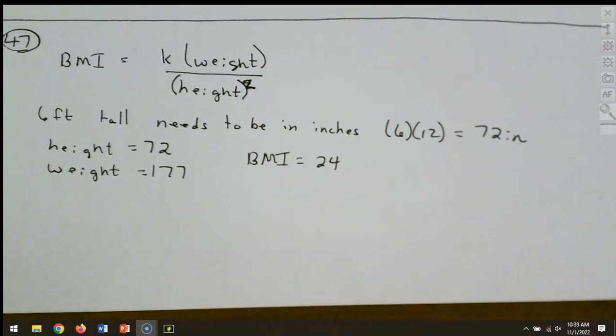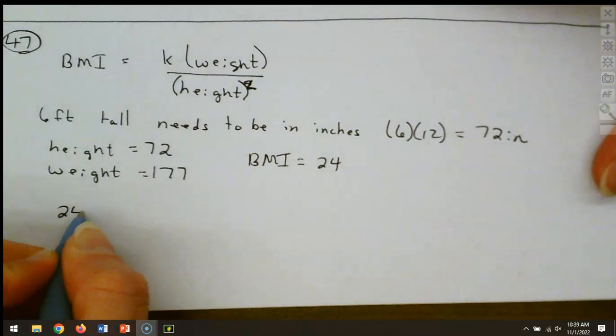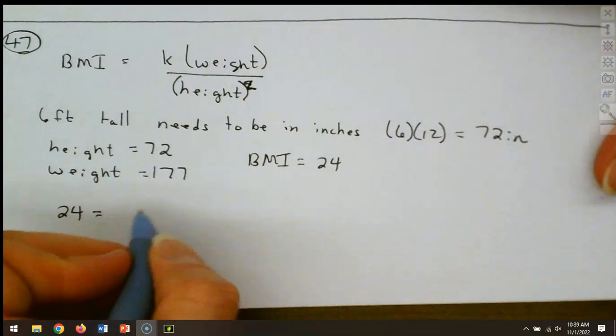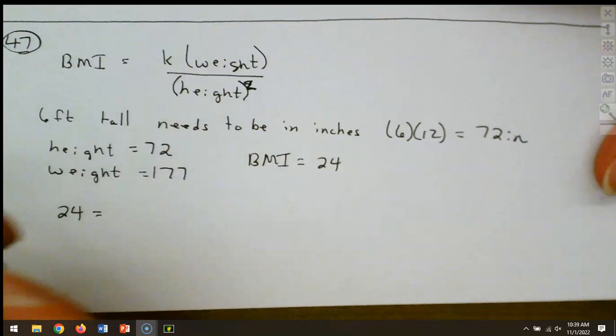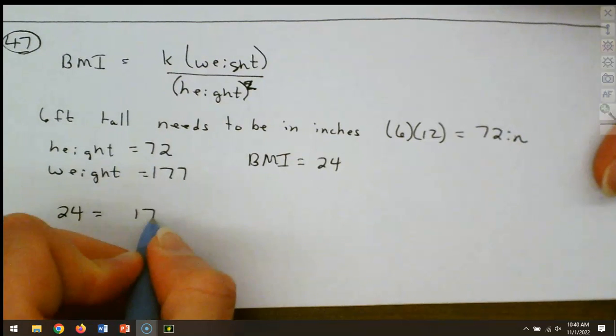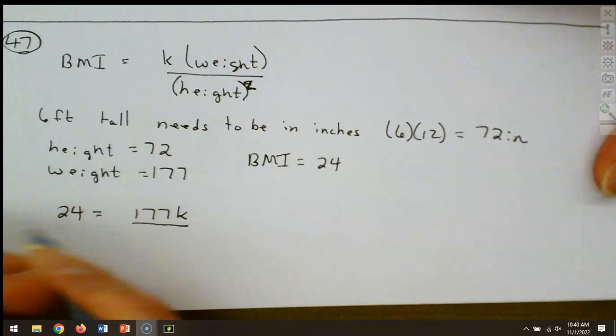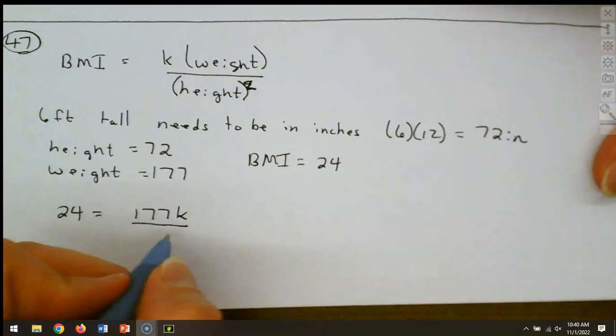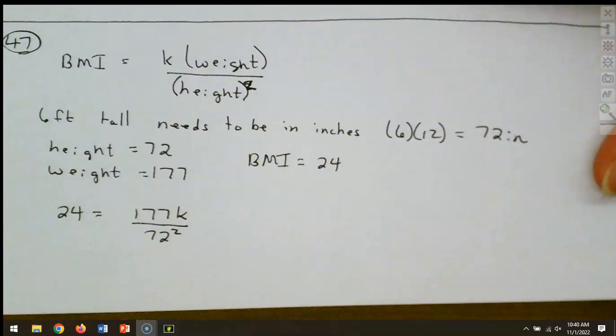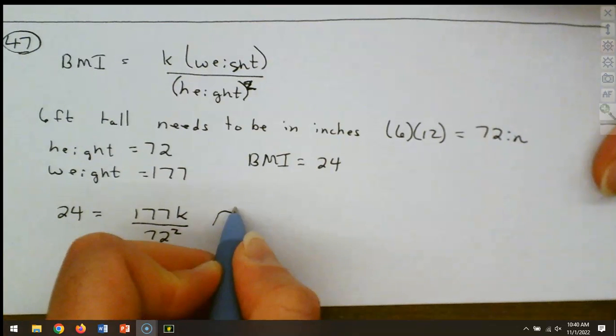So let's go ahead and find our K. So plug our values in. So we've got 24 for the BMI, unknown value K, that's our constant. The weight is 177, so it's 177K over 72 squared. So let's rewrite this again.